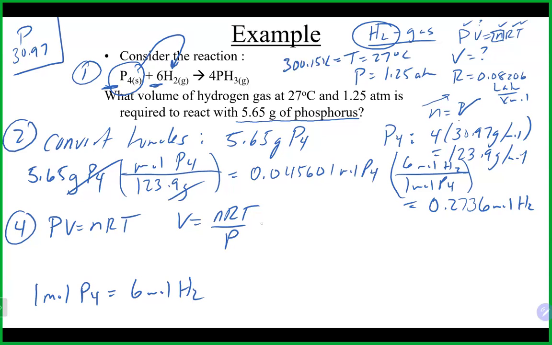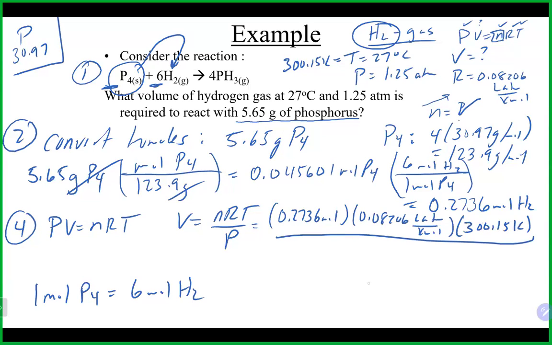And now we have everything that we need. So using the moles we just calculated, using our gas constant, which we always have, our temperature converted into Kelvin, all divided by our pressure, which was 1.25 atmospheres.